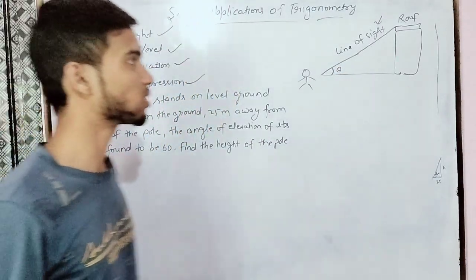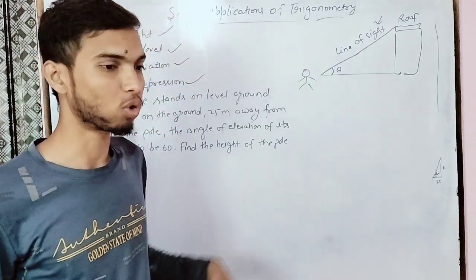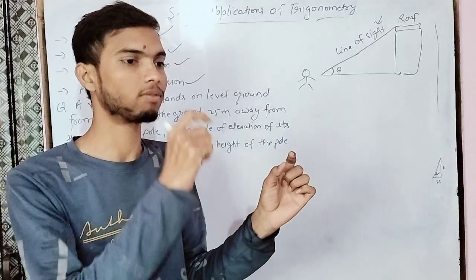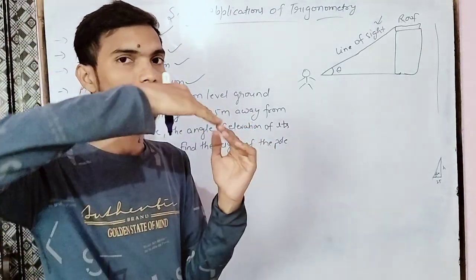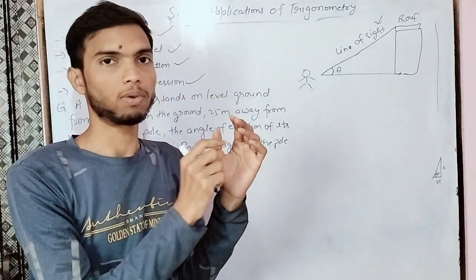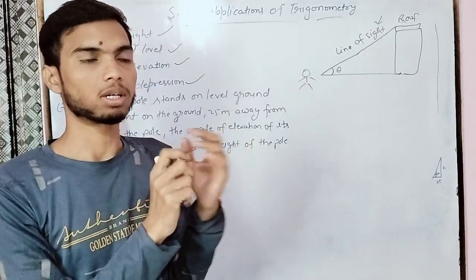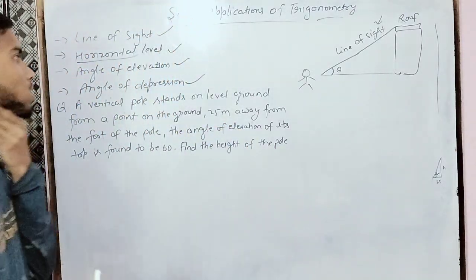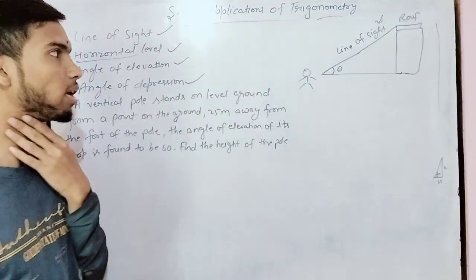When a question says there is an angle of elevation, you have to be clear that there is a horizontal, and above the horizontal is the line of sight. Then here we make the angle of elevation. Now, what about the angle of depression?